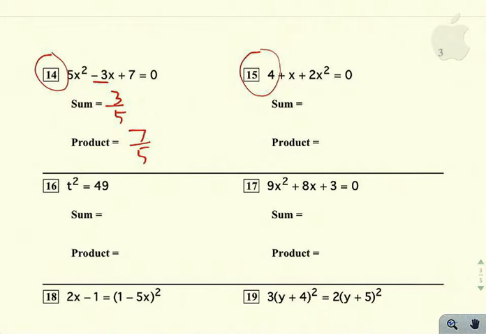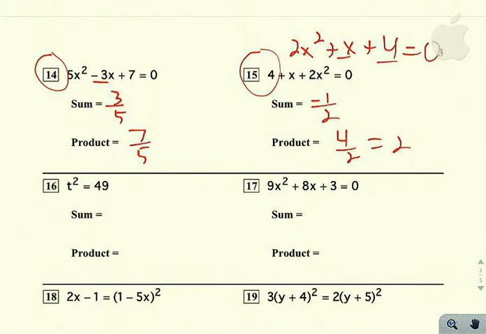In number 15, it's written backwards, so let's rewrite it like this. The sum would be the opposite of 1, minus 1 over 2, and the product would be 4 over 2, which is 2.